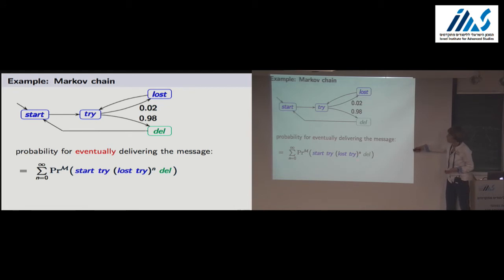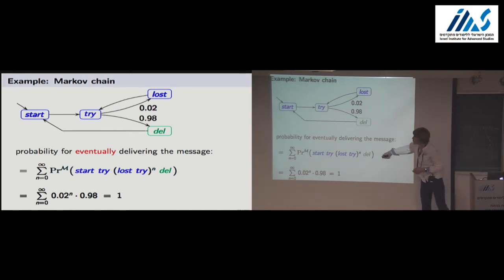Now you can plug in the values, and what you would obtain, if you take this loop n times, then you get here probability 0.02 to the power of n, multiplied with this probability going from try to delivered. And this is a simple geometric series, and you just can plug in the formula you know, and what you obtain is 1.